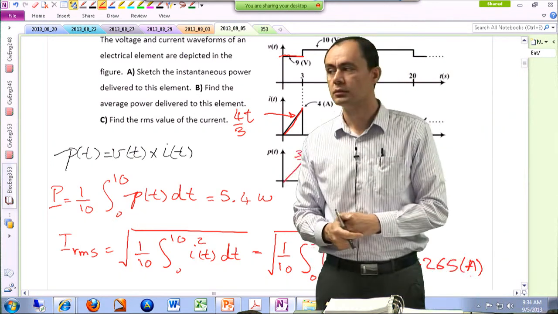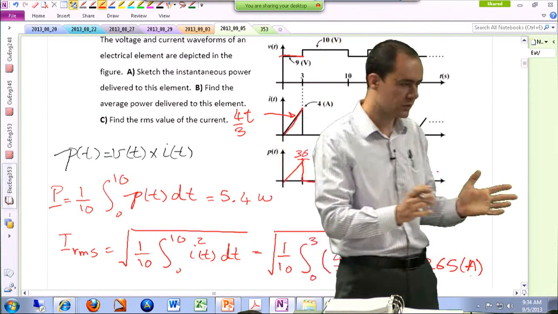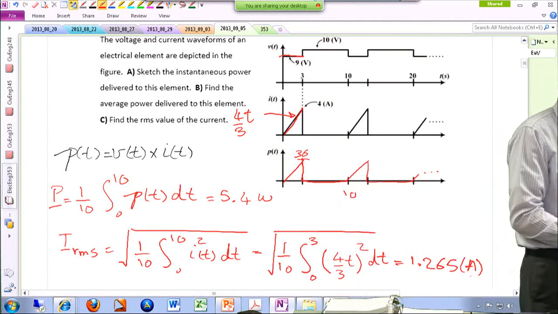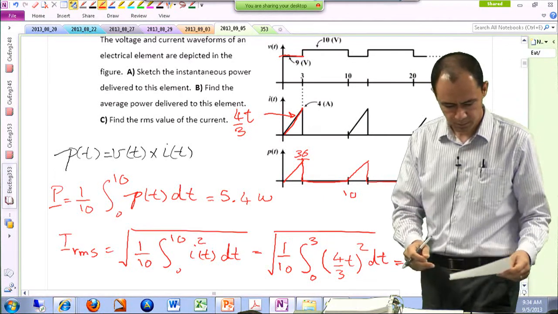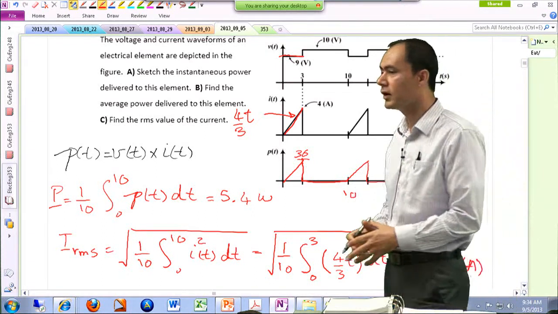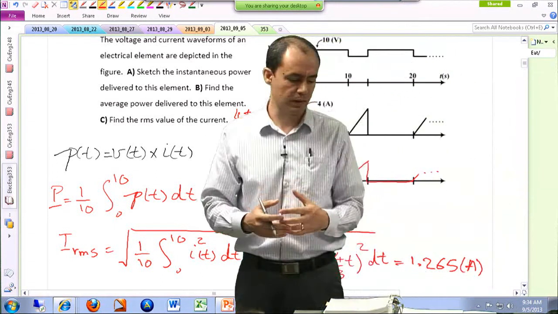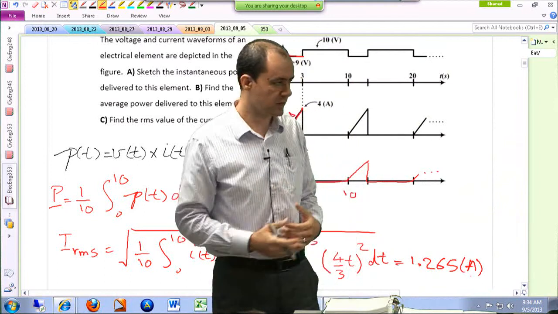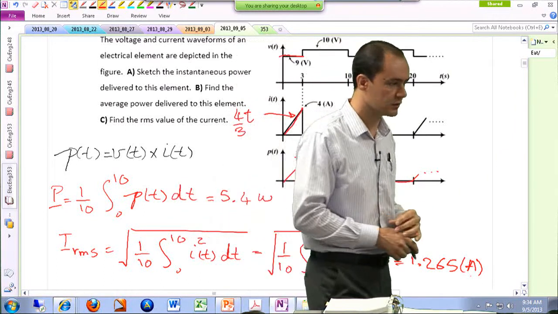Any questions? Okay, so it was very straightforward, an exercise on getting brushed up on finding the instantaneous value of a signal or the power, or the RMS value of a signal, or finding the average value of a signal.